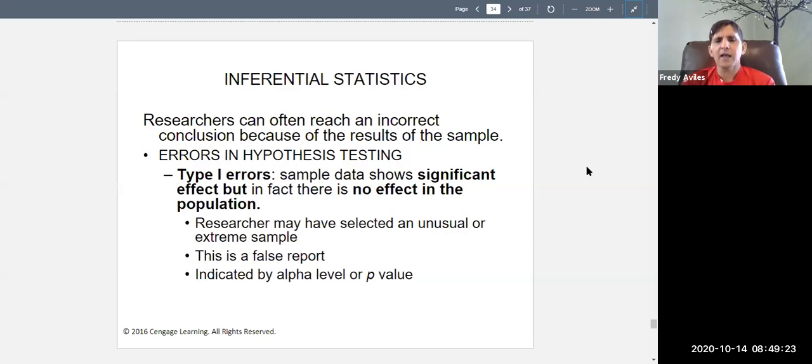Let's say I do a survey, and my survey asks one question only: are you voting for Donald Trump? You could say yes or no. That's still not a good example. Okay, never mind the example.